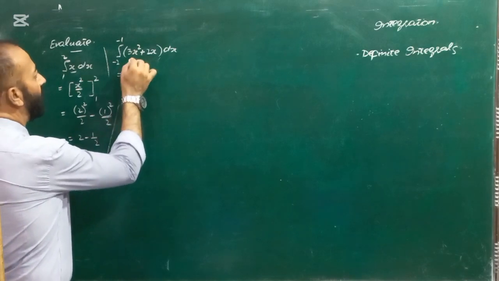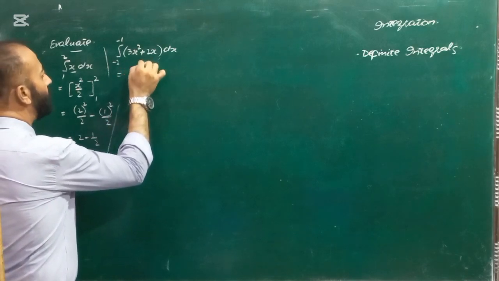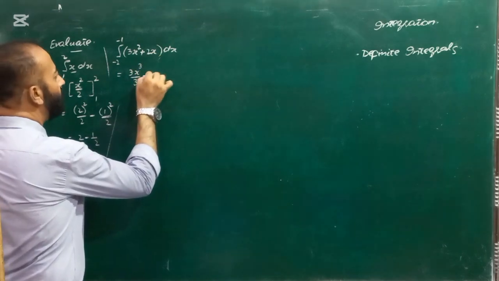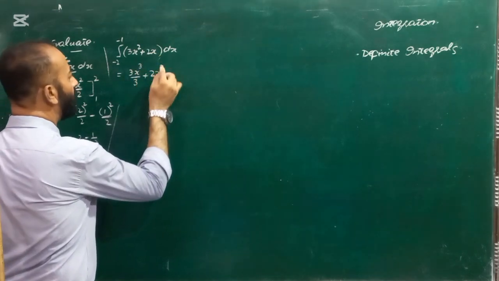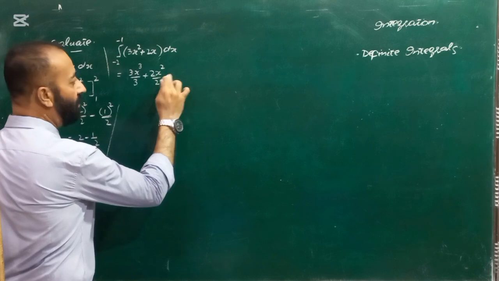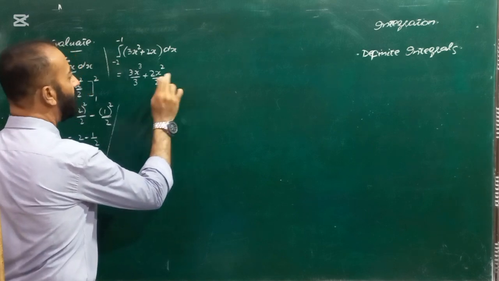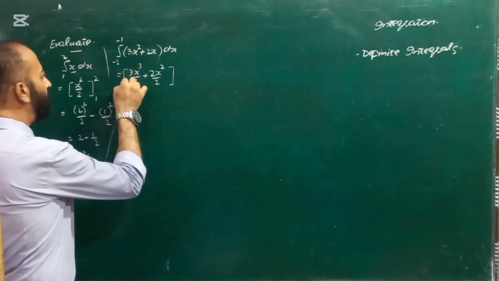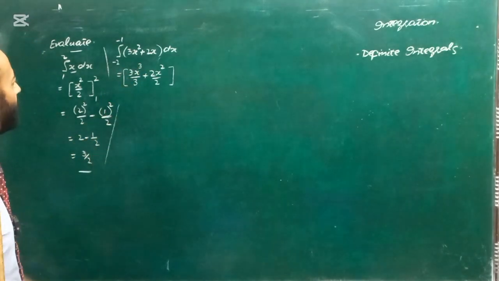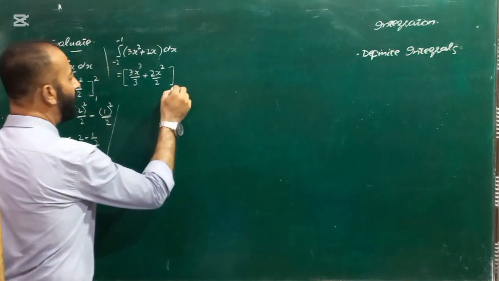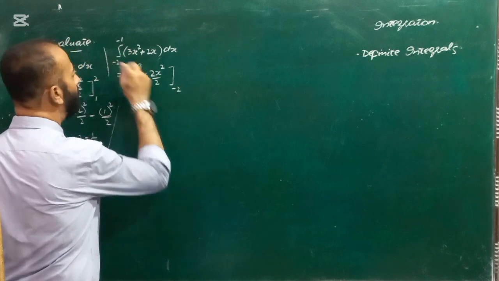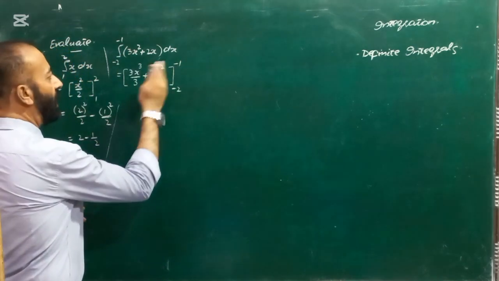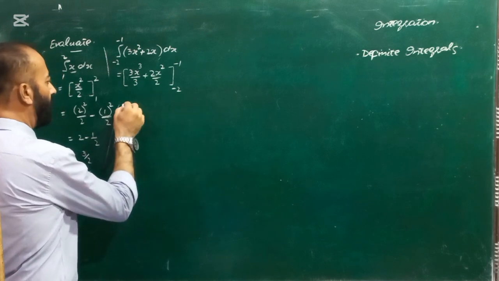So that will become 3x cube over 3 and 2x square over 2, but we will not put c in definite integrals because we have to evaluate the values. Then lower number in the lower corner and upper number in the upper corner. The next step will be upper limit minus lower limit.